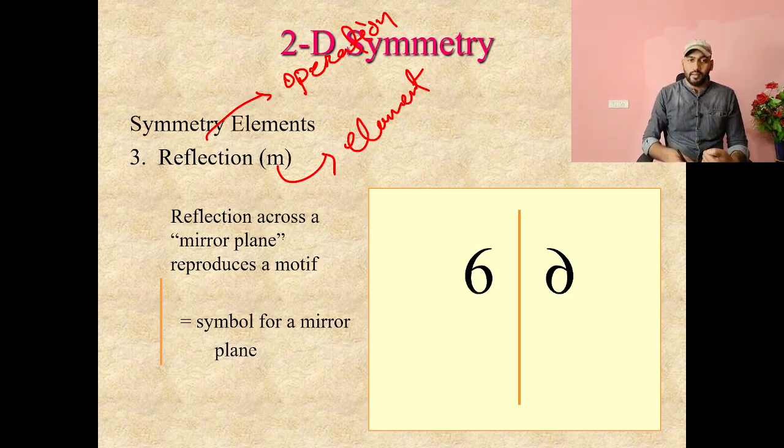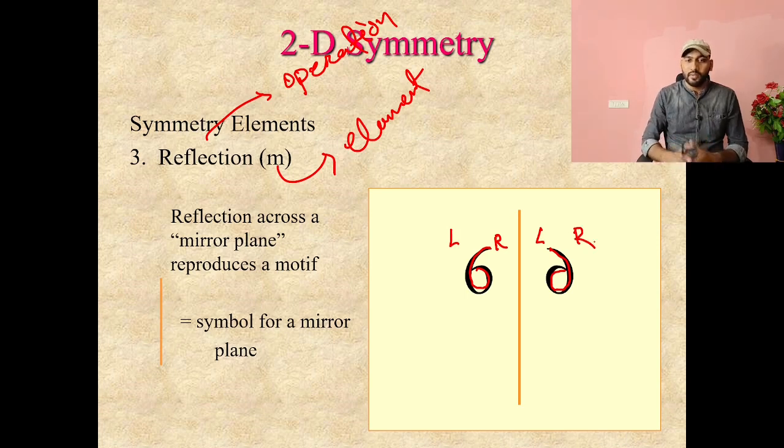In crystallography, reflection symmetry is also like that. If we have a mirror plane in between, see here this digit 6 is appearing somewhat like the letter D, because of reflection: the right side became left and the left side became right.